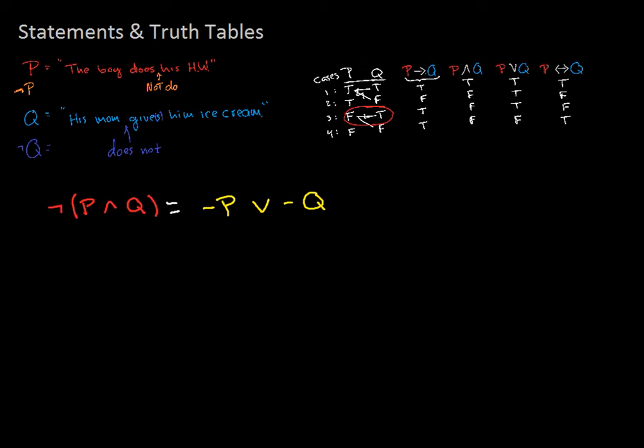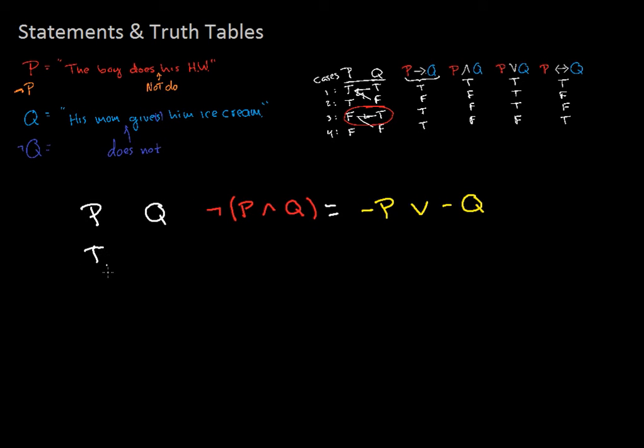So we're just using a truth table to compare these two. We're going to put our P and Q. We'll write it out: true, true, false, false, true, false, true, false.